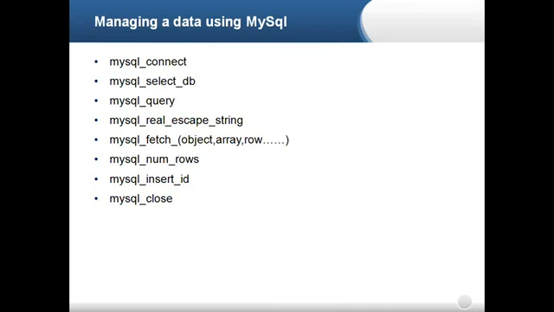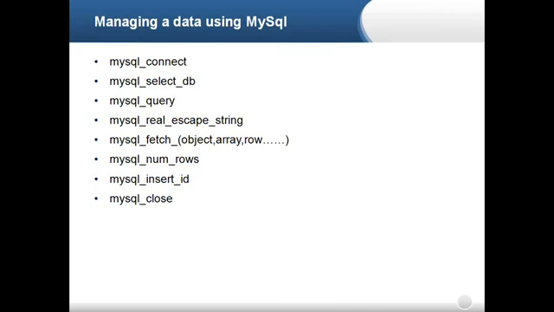Suppose you have forms and you're allowing your end user to enter the details, and they can enter anything. If hackers are there, they can even pass SQL injections. So to save your data, instead of directly saving into the database, you can use this function to protect your data.